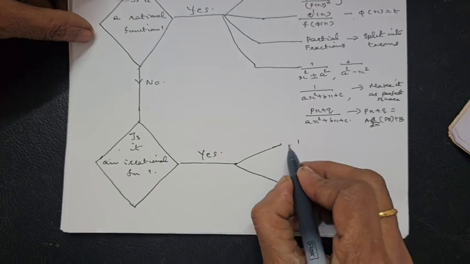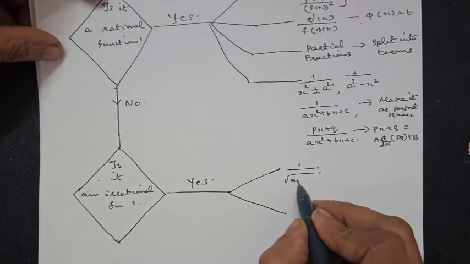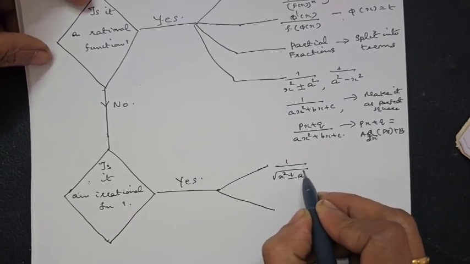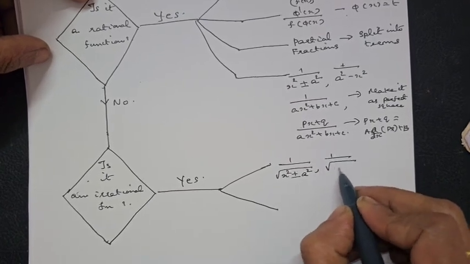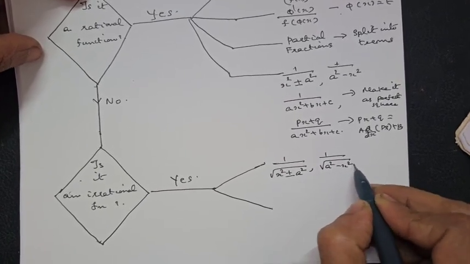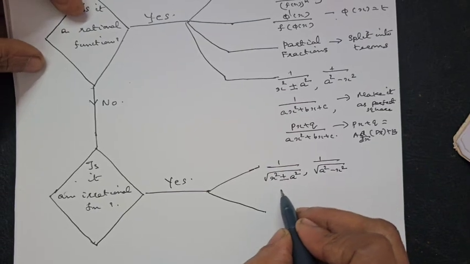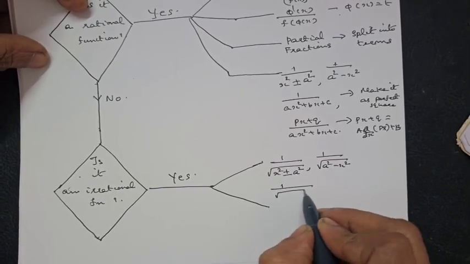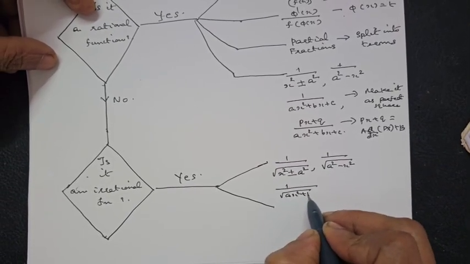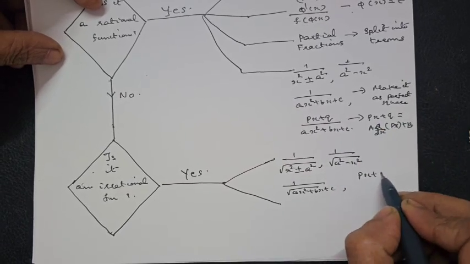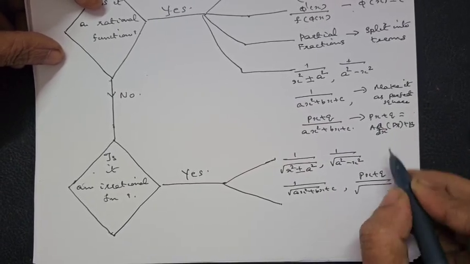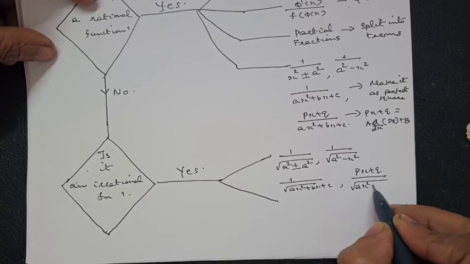Check whether it is a formula you have already learned: 1 by root of x square plus a square or x square minus a square, or 1 by root of a square minus x square type, or, after converting, 1 by root of a x square plus b x plus c, or linear by root quadratic, p x plus q by root of a x square plus b x plus c, with the same method.